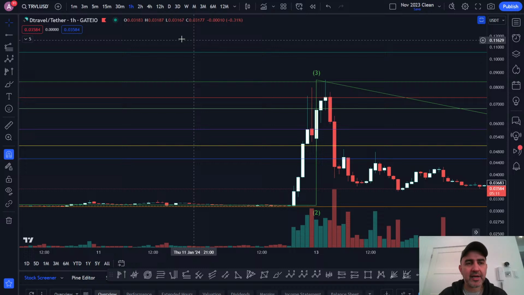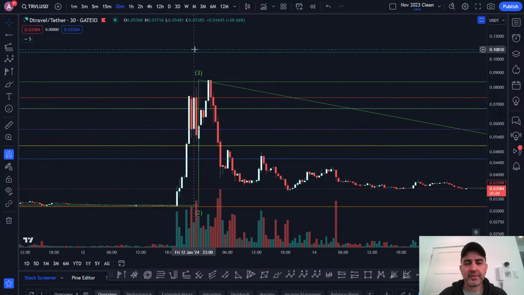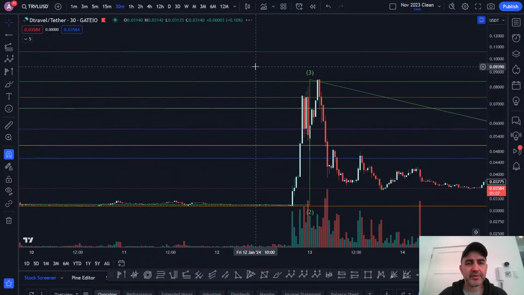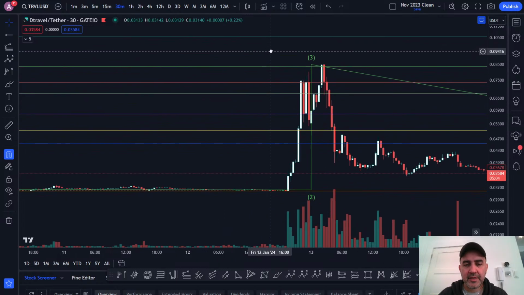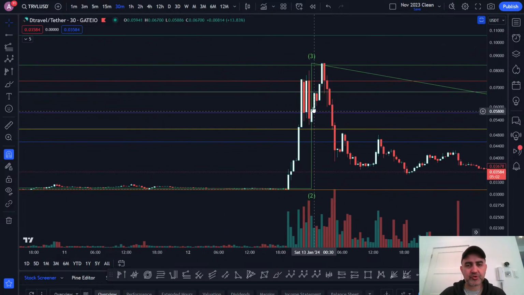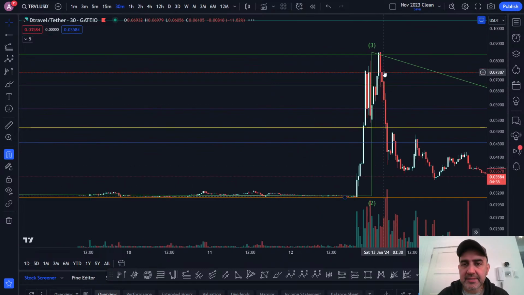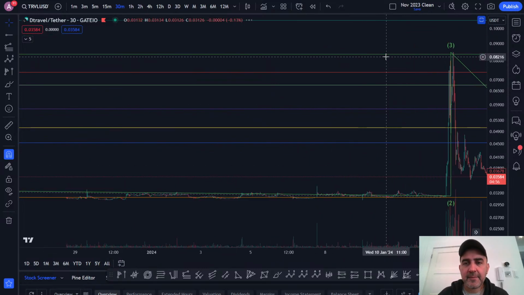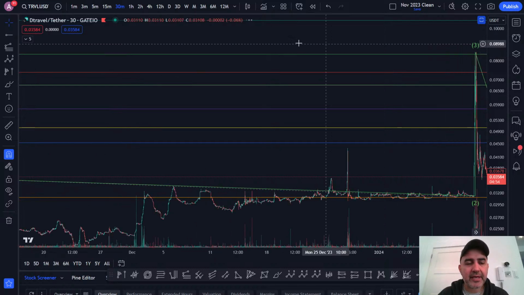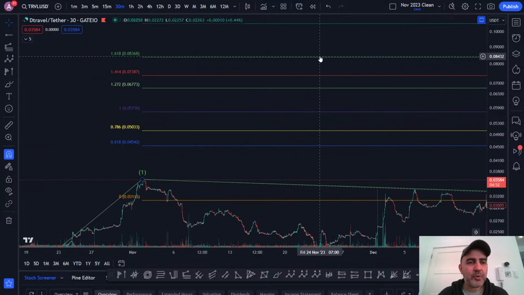So this is the hourly time frame, going back down to the 30-minute time frame. So this is on the Elliott wave that I've just drawn now. And look at that. Look at that. This is why I'm thinking the 1.618.